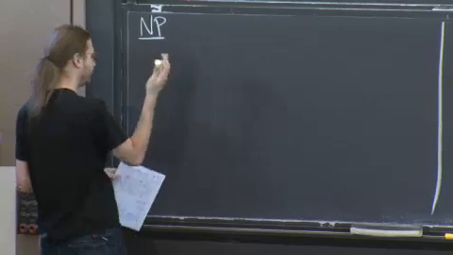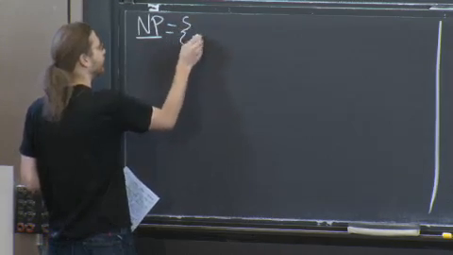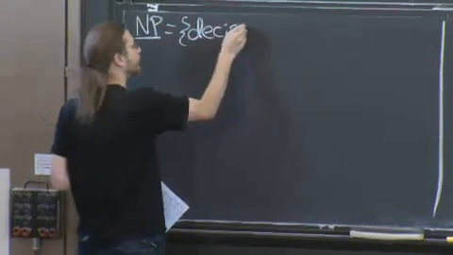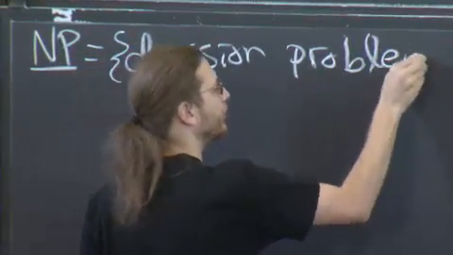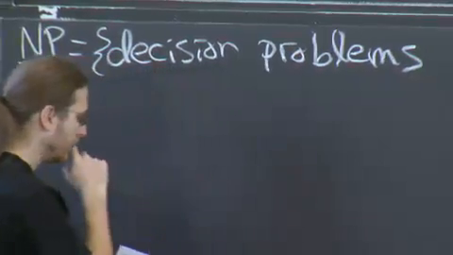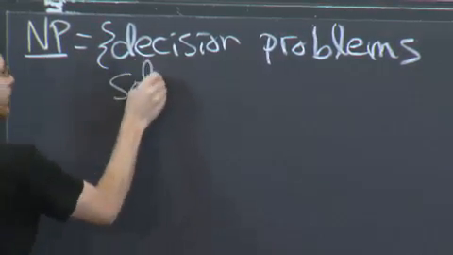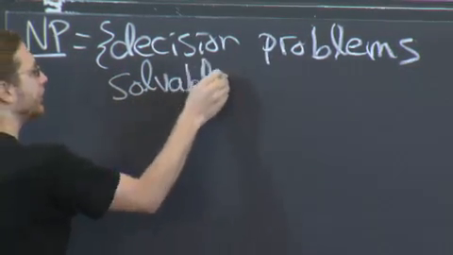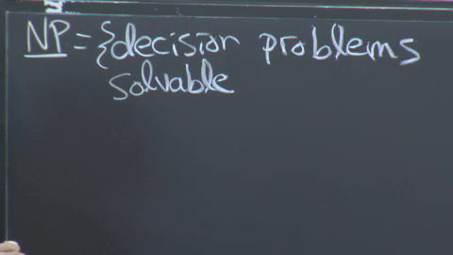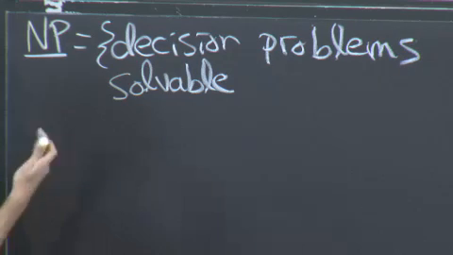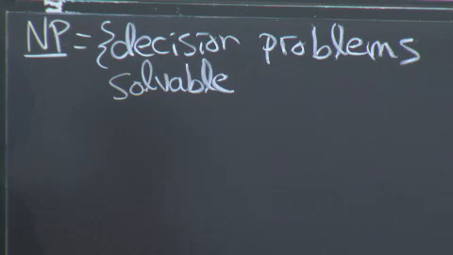Not formal definitions, but high-level definitions. So just like P, EXP and R, it's a set of decision problems. And it's going to look very similar to P. NP does not stand for not polynomial. It stands for non-deterministic polynomial. We'll get to non-deterministic in a moment.